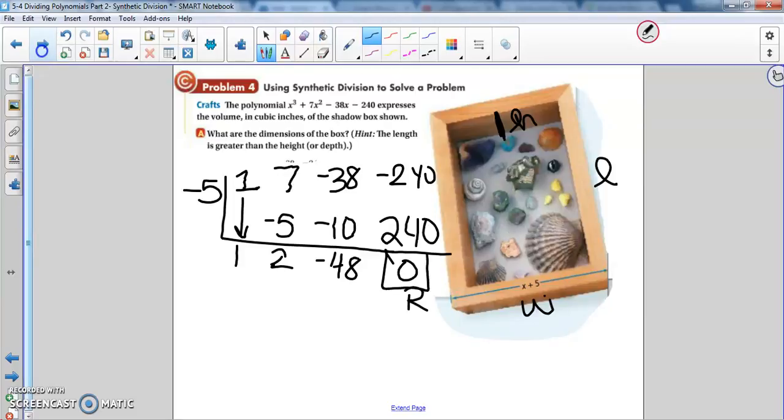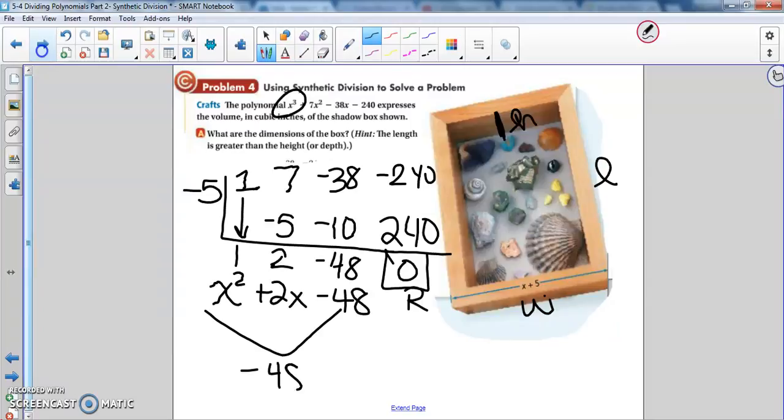This is my remainder. And we know that my first coefficient is 1 power less than my original polynomial. Therefore, we have x squared plus 2x minus 48. As I keep going through my next coefficients, each is 1 degree less than the term before. So now I have something that I can factor. I'm going to use the triangle method to factor this, -48. What multiplies to -48 and adds to 2?